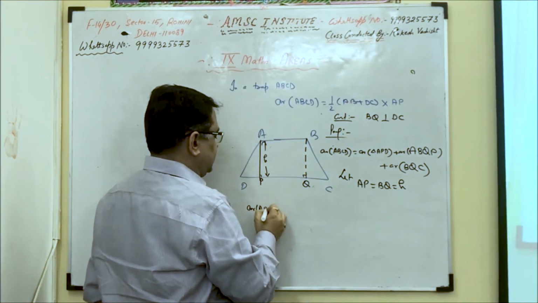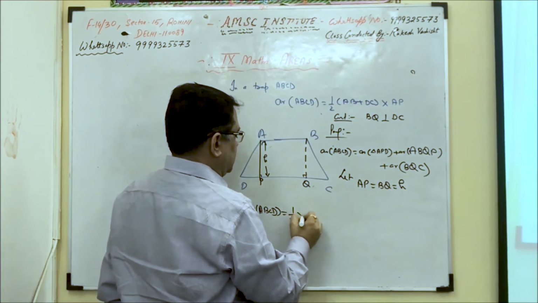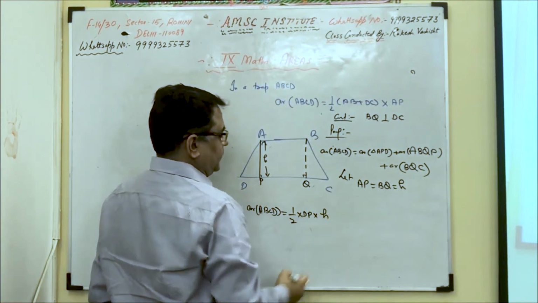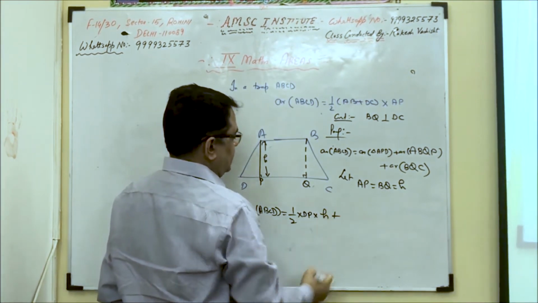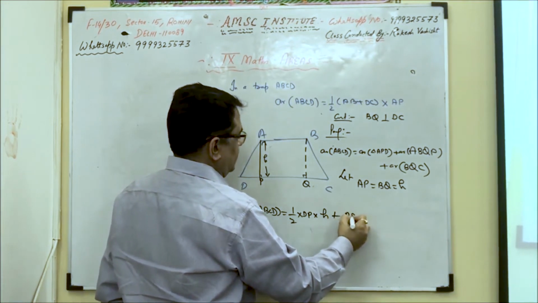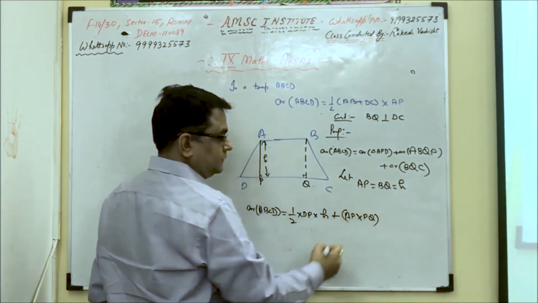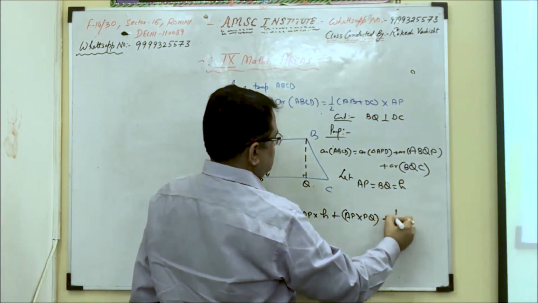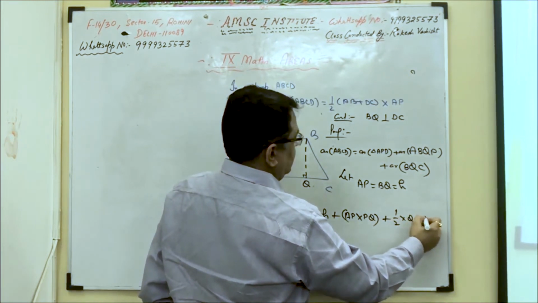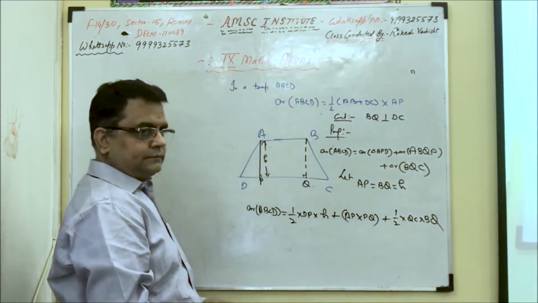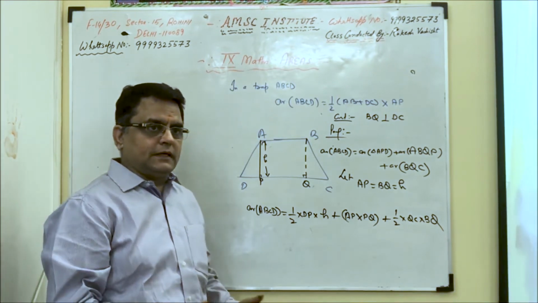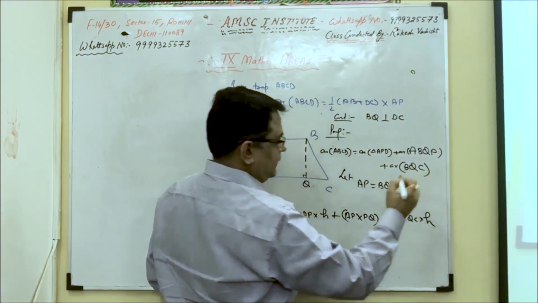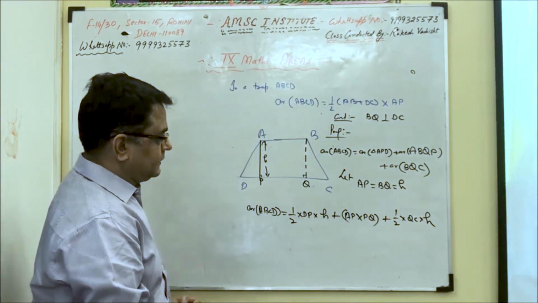So area of ABCD is half into base into height plus length into breadth, right? Plus half into QC into BQ. Clear? As simple as that. और BQ को भी मैं क्या लिख सकता हूँ? H. Is that clear?